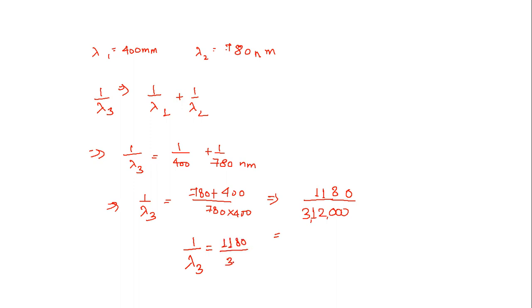Now 1 upon lambda 3 is equal to 1180 upon 312,000. In order to calculate lambda 3, we'll again take the reciprocal. The third wavelength will be equal to 312,000 upon 1180, and here comes the value.